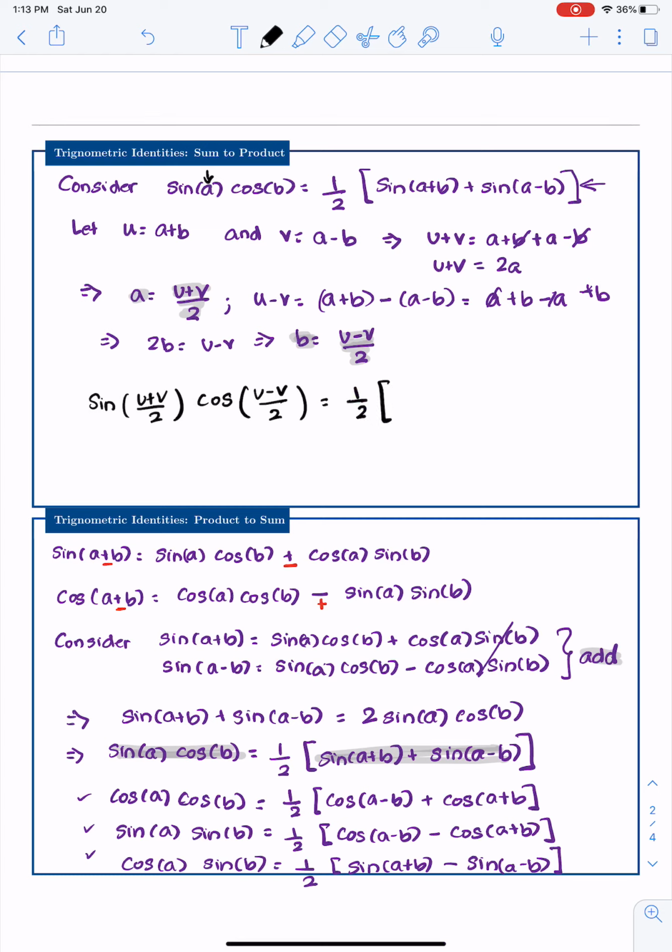I started by saying A plus B is equal to U, and A minus B is V. So I'm going to replace A plus B by U and A minus B by V. I'm going to multiply by 2 on both sides.